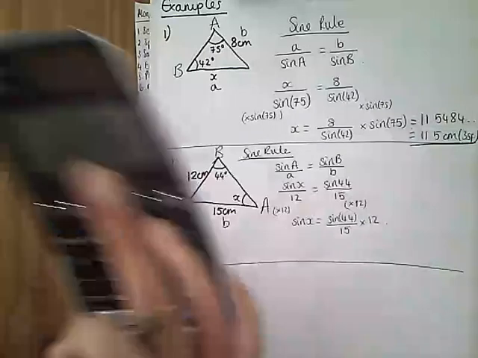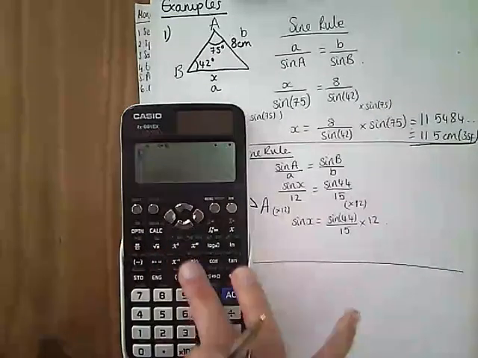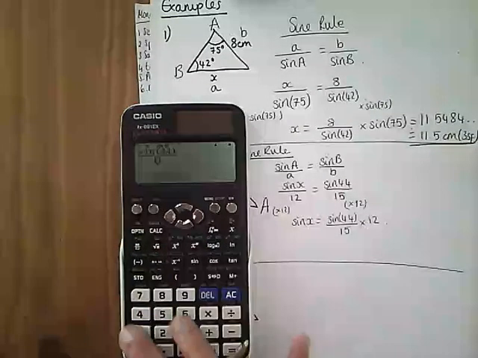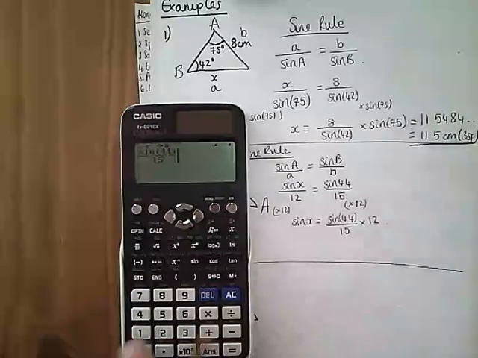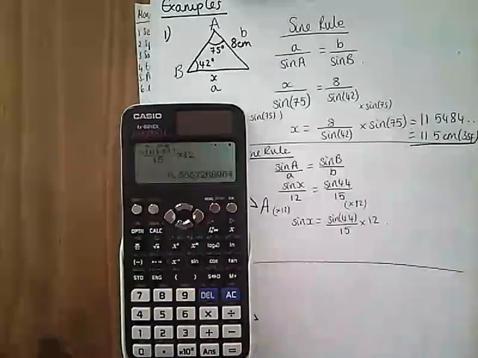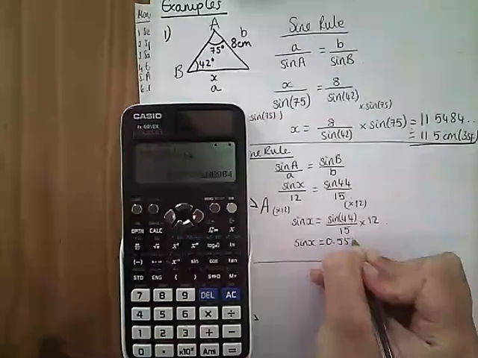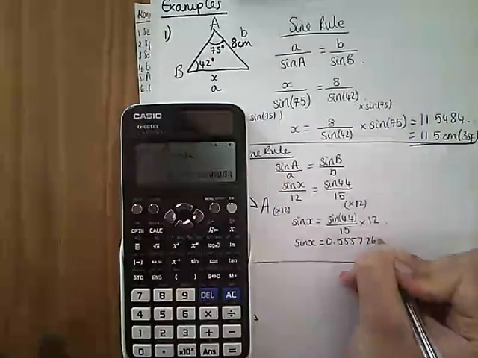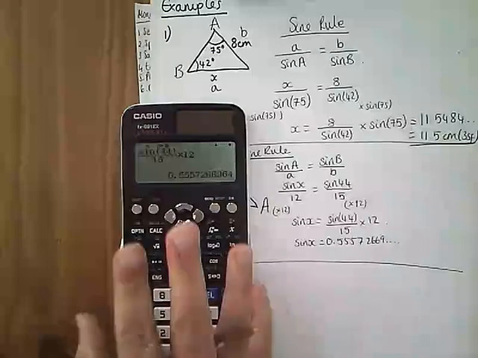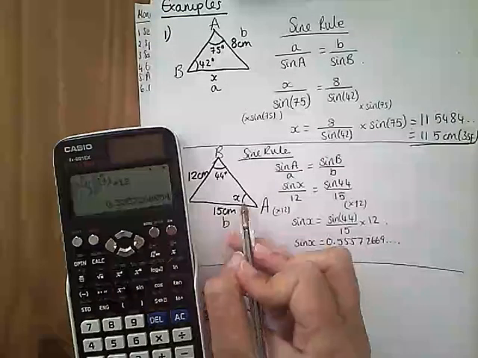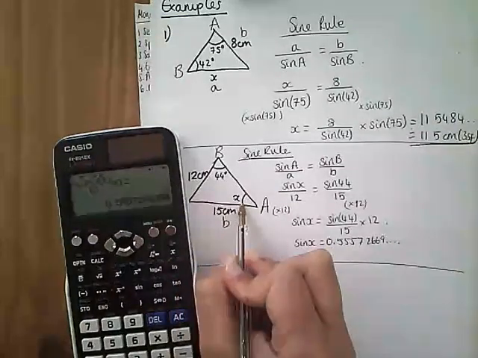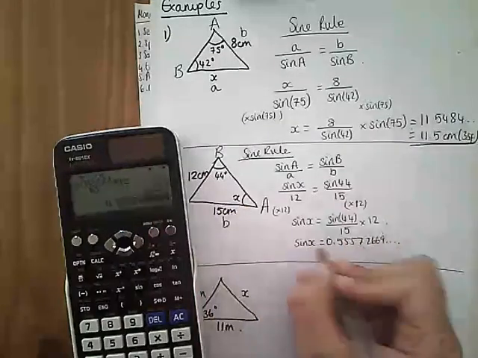Okay, now we can plonk that into your calculator. So sine 44 over 15 times by 12 gives us that sine x is 0.555766 and so on. Obviously that angle is not 0.557, because it's too small, and that's because it's sine x.